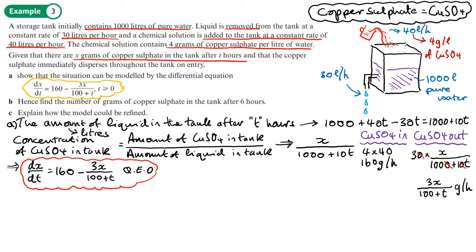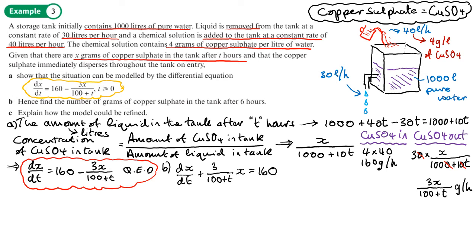Right, so for part B, the first thing we're going to do is to rewrite this in the form that allows us to use the integrating factor to solve. So that will be dx/dt. Then we bring over this term, and I'm going to write it as something times x. So it'll be plus 3 over 100 plus t, x, equals 160.